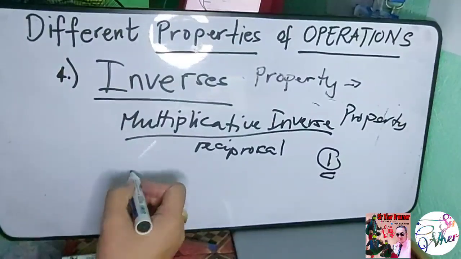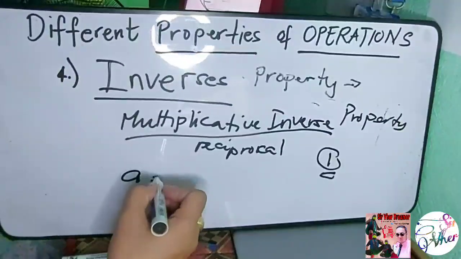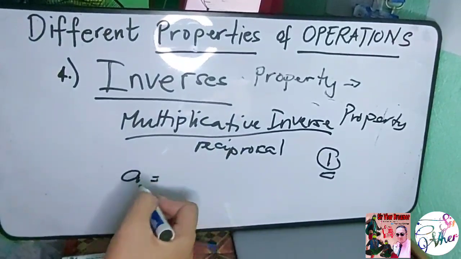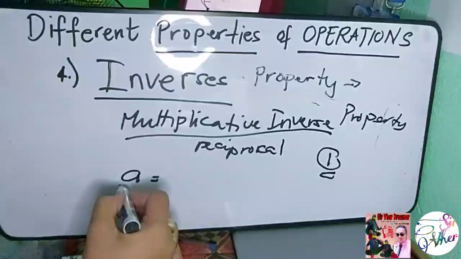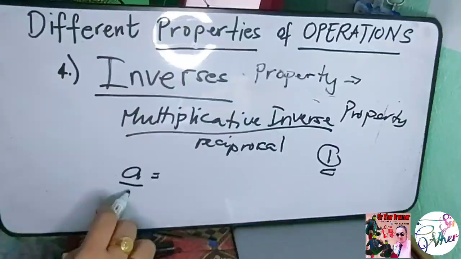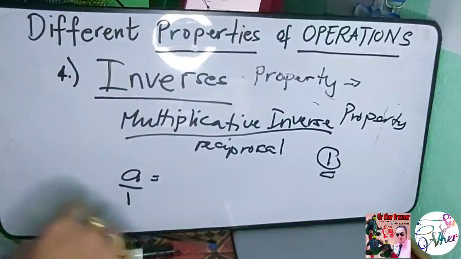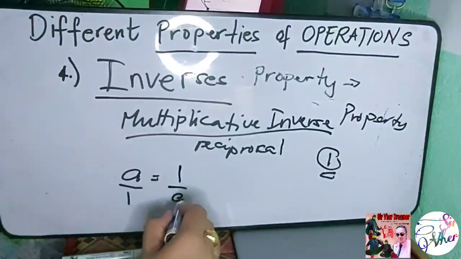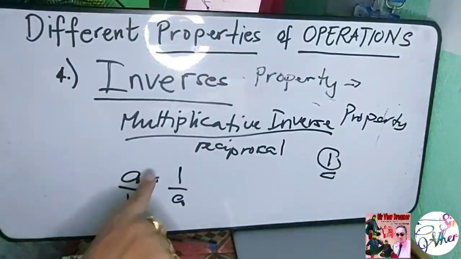For example, the multiplicative inverse of A is 1 over A. To get the reciprocal, just interchange the denominator and numerator. Take note.